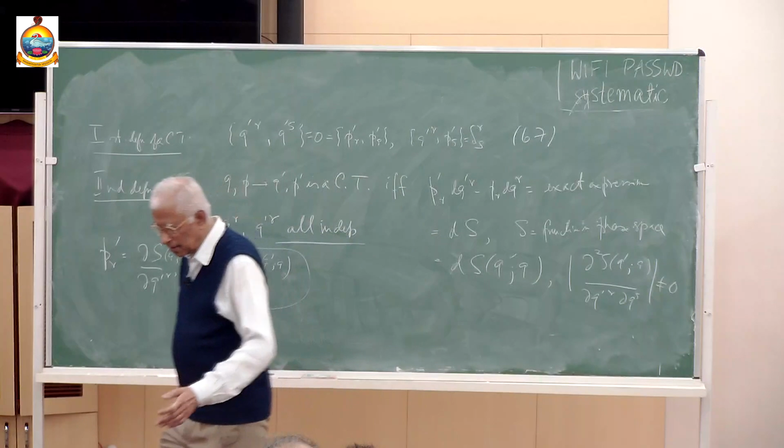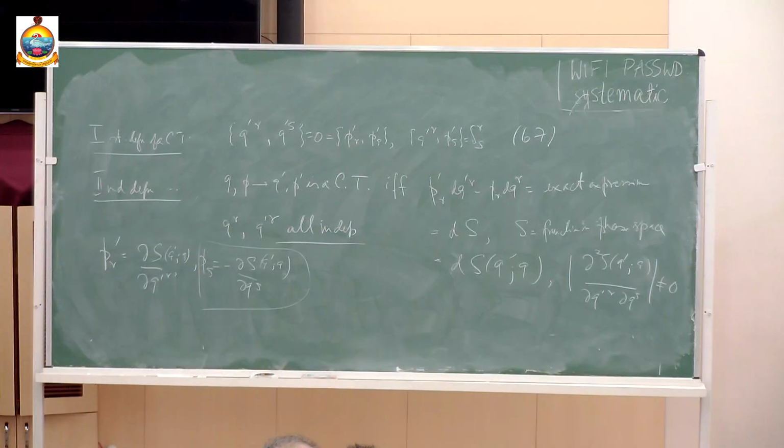Suppose you have a canonical transformation for which the old momentum and the new coordinates are all mutually independent. You can imagine modifying the second definition and describing it completely with a function S of this variety. Another option is old coordinate and new momentum, or old momentum and new momentum.